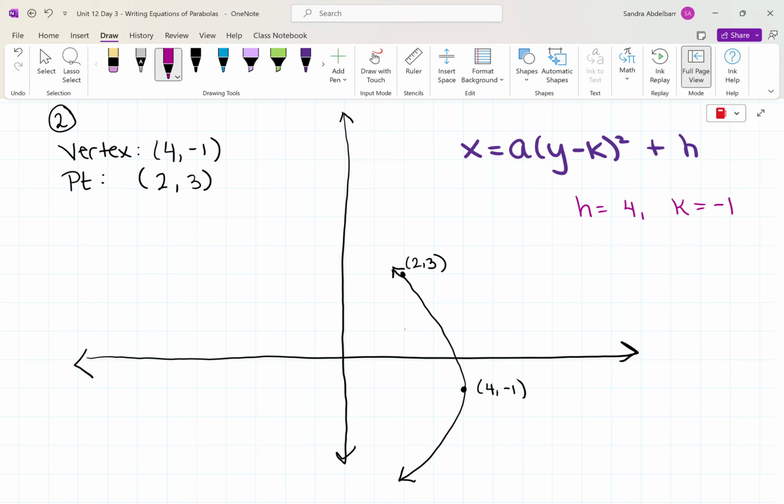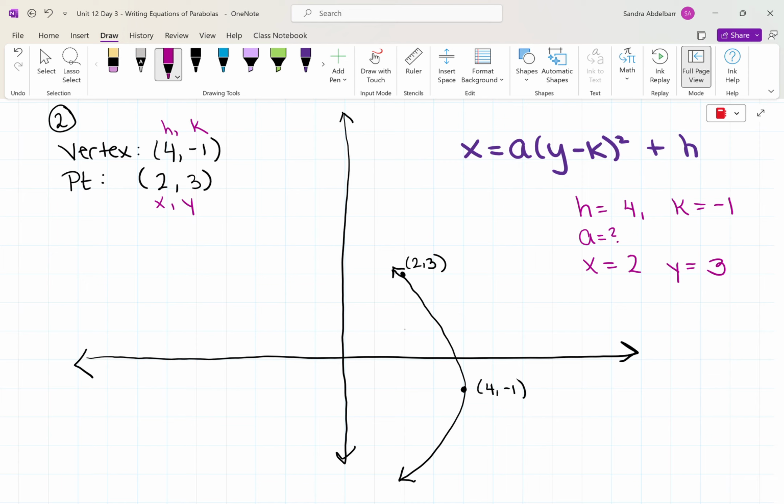Do I have an a? No, I don't have an a. But I do have an x and a y. What's the x coordinate? 2. What's the y coordinate? 3. So remember, our point is xy, our vertex is hk.